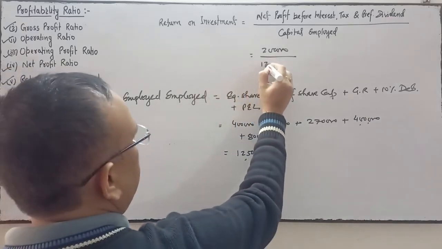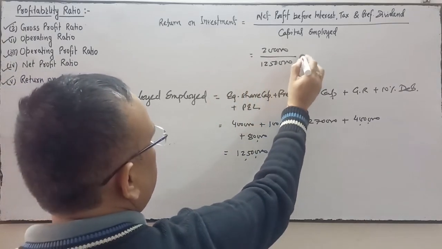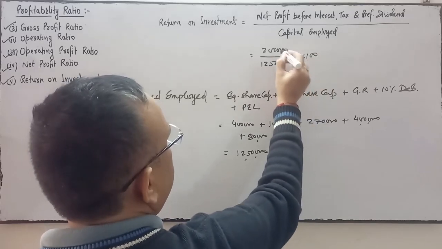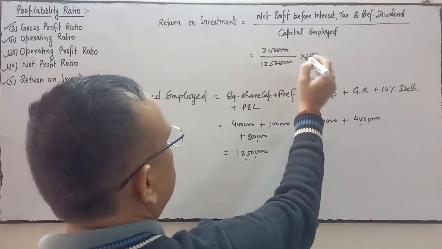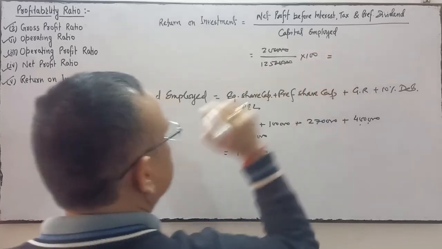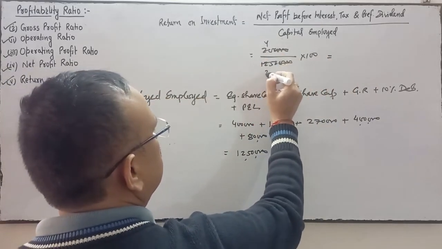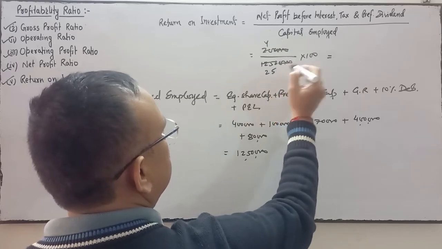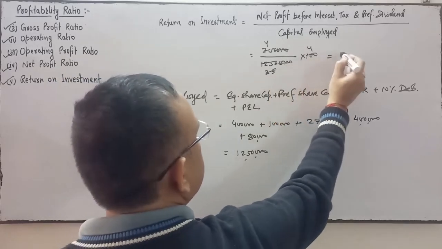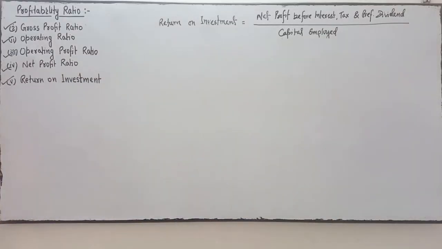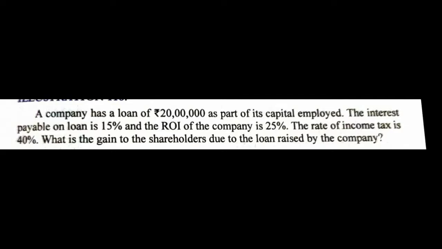So 2 lakhs upon 12 lakh 50 into 100. This is 16%. Now see the next question.